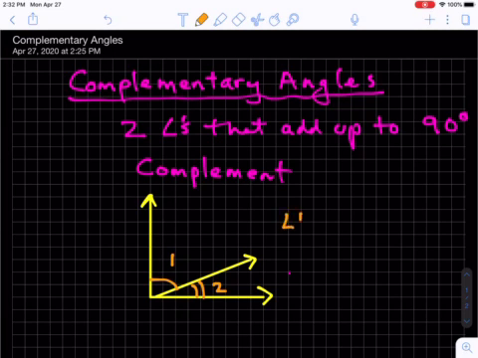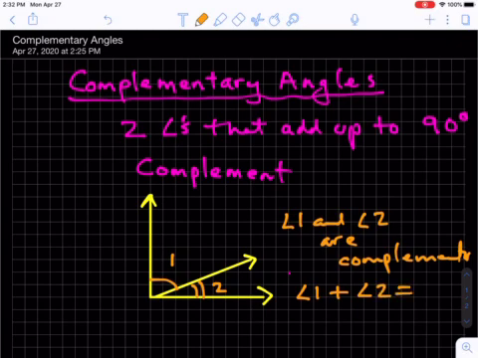So we would say angle 1 and angle 2 are complementary. That would also mean that angle 1 plus angle 2 equals 90 degrees. And we can use this to help us solve some problems from time to time. So that's the whole point of going over this. Let's look at a couple examples of what those might look like.